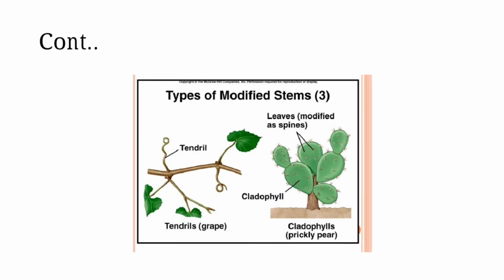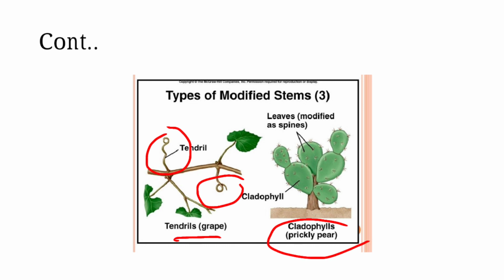So this is just a model structure trying to show you what we have been talking about in detail. This is a stem tendril, which is seen to be highly coiled, weak, and flexible. These are the cladodes, which appear prickly.